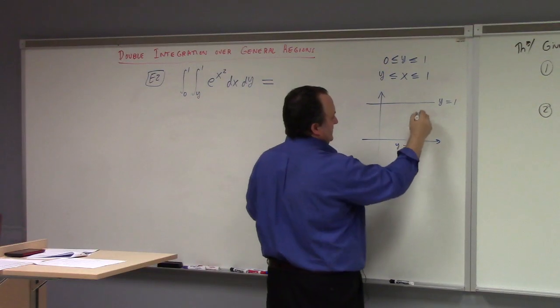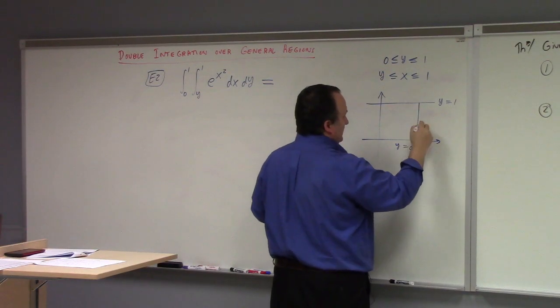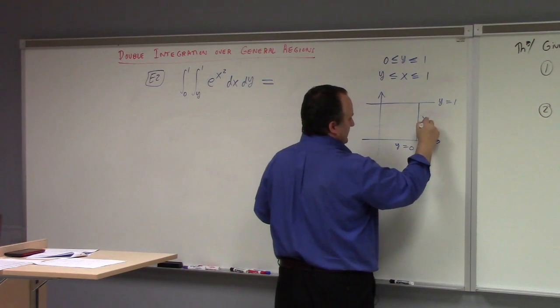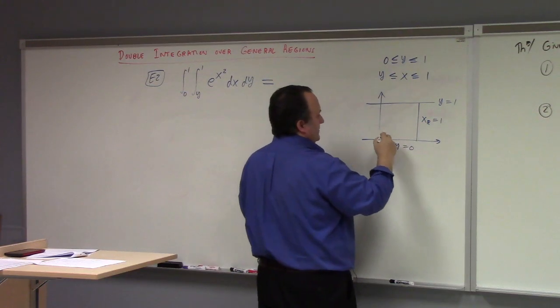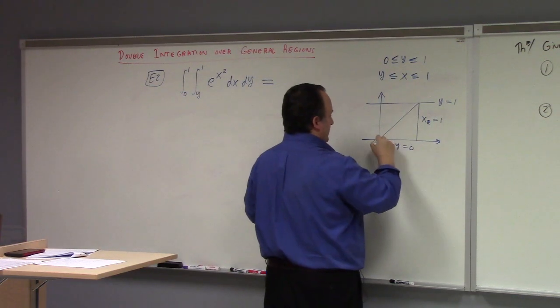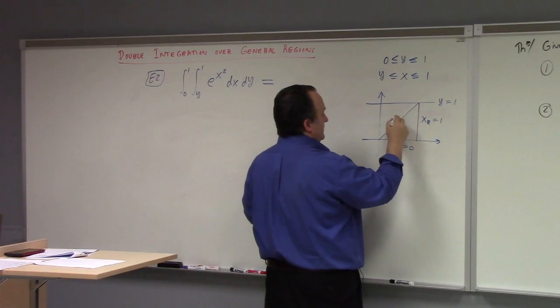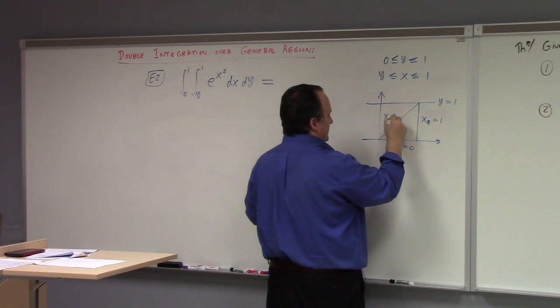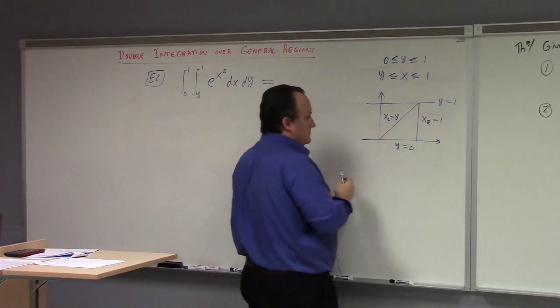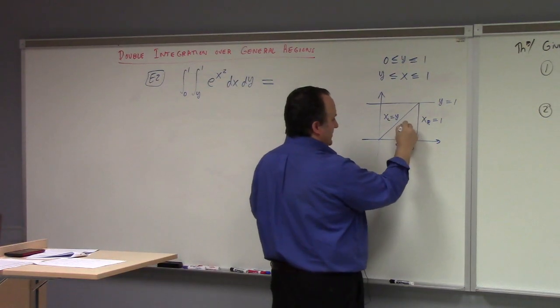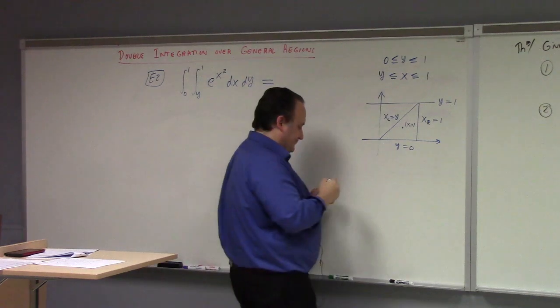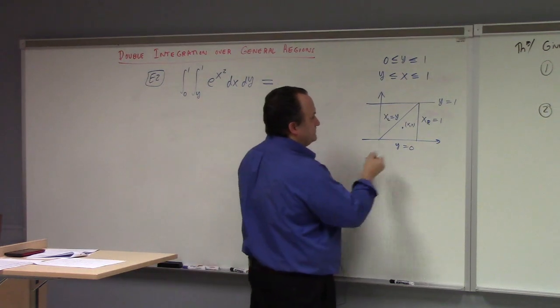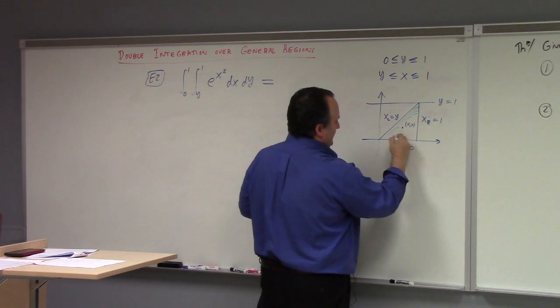My x is, here's the right x, and the left x is over here, x equals y. So x left equals y. And so my typical point is in here. So this is the region we're up against.